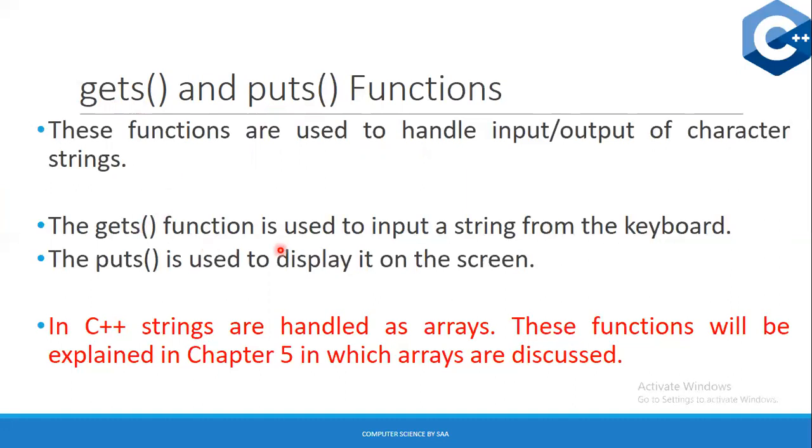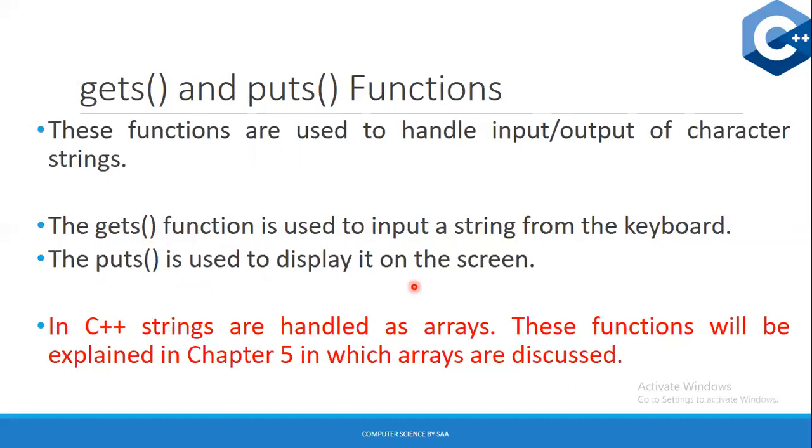The gets function is used to input a string from the keyboard. We have to get the string, which means that we have to input, and puts means to put something or to display it on the screen. So gets is an input function and puts is an output function. Gets function is used to get some input from the keyboard, and puts function is used to display the message on the screen, or it is used to show the output on the screen.